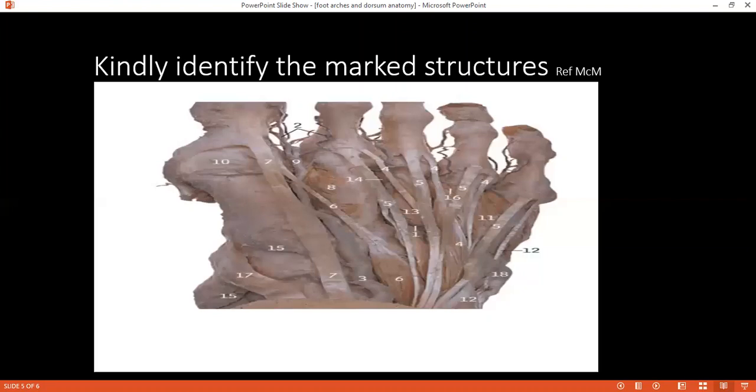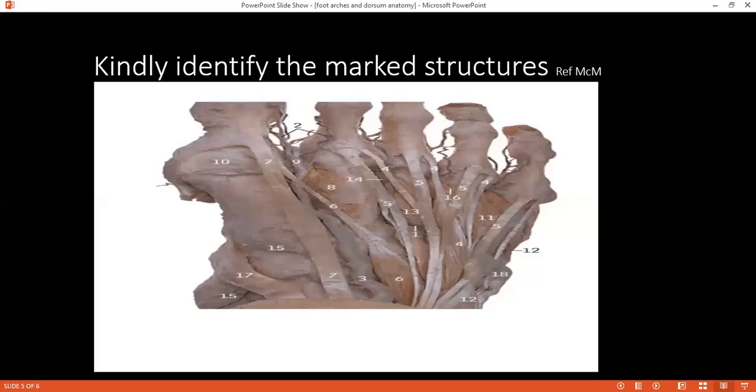Can you please tell me quickly how the Achilles tendon is formed? It's formed from the muscles plantaris, soleus, and gastrocnemius. All right, good. Yes. In this image that I asked you, can you identify number 7, please? It's extensor hallucis longus. Very good.